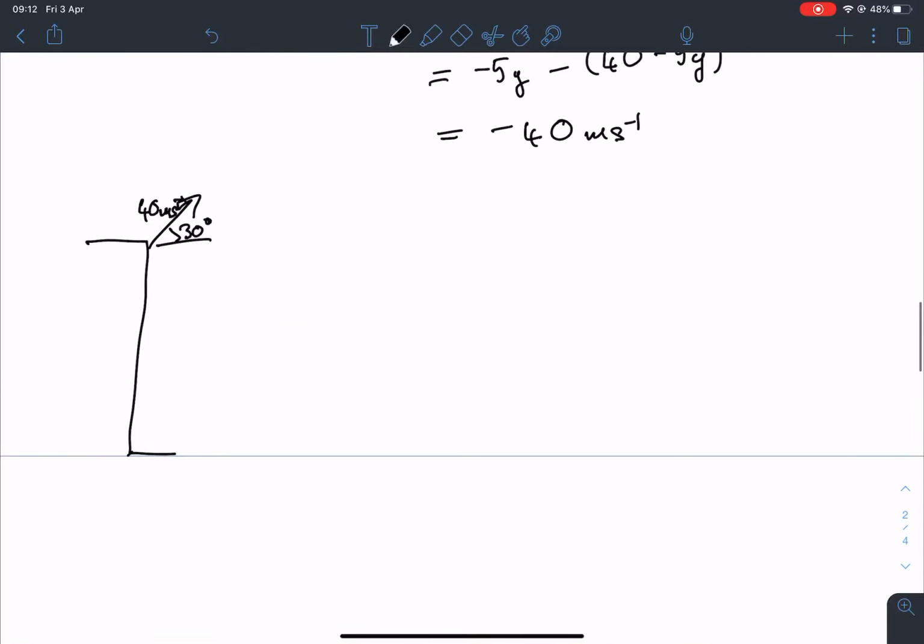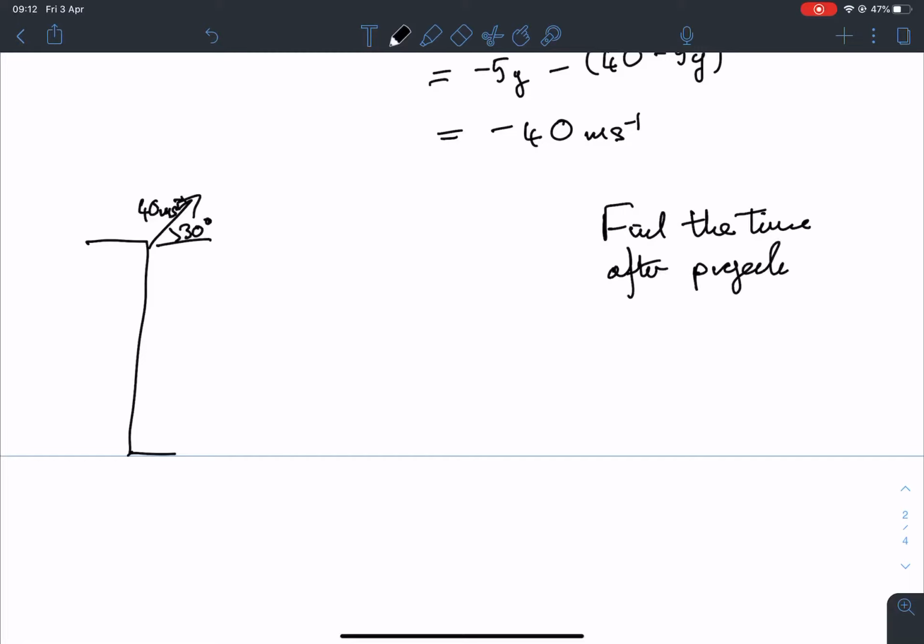Constant acceleration on B, positive up. So v, the final velocity when they collide, is vB. u this time is 40, a is equal to minus g, and t again equals 5 because that's the time at which they collide. Using v equals u plus at, we get vB equals 40 minus 5g. So the relative velocity is one take away the other.